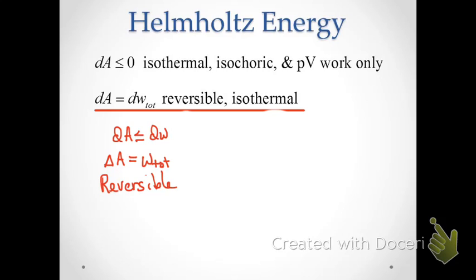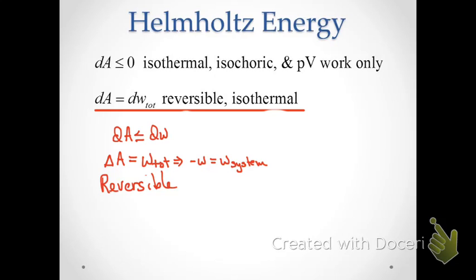So if we have a reversible process, then if we calculate delta A for that process when it's isothermal, that means we'll have an indicator of the total amount of work that we can get from that reversible process. And since we know that for the system, negative W is equal to the work that the system performs.